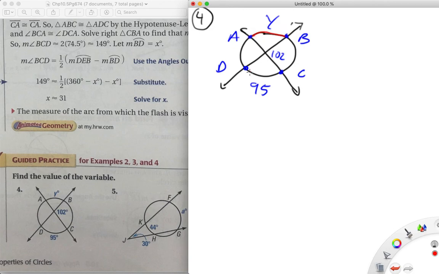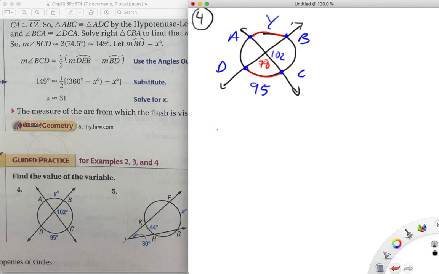Since the intersection is occurring inside of the circle, we want these two guys right here. I know that this is 102. So if I use linear pairs, I can subtract 180 minus 102 to get that guy, and that guy right here is 78. So I want this angle associated with this arc and that arc. So we have enough to solve this.